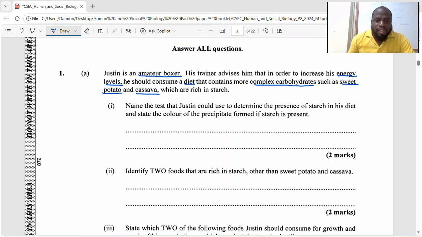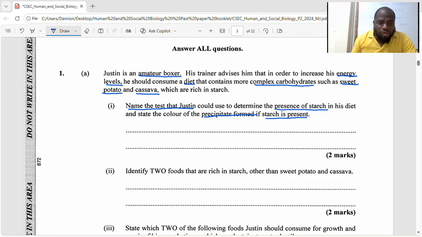You're supposed to name the test that Justin could use to determine the presence of starch in his diet and state the color of the precipitate formed if starch is present.